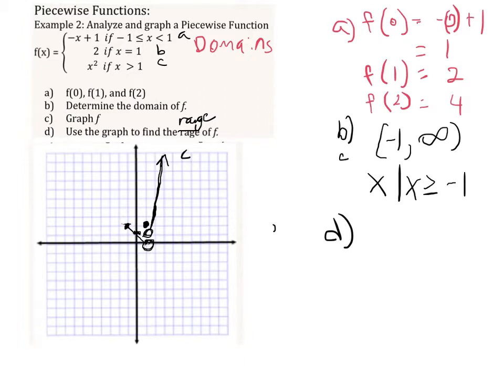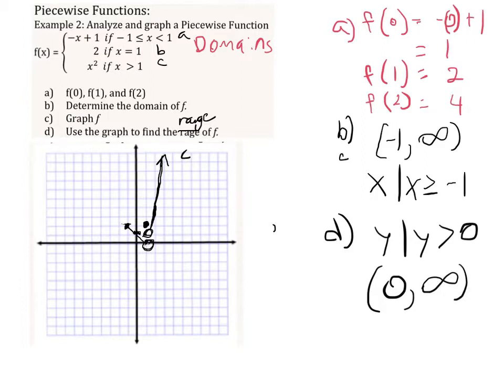So we're greater than 0, but not including 0. So you could say all y's, provided that y is greater than 0. Or you could say 0 to positive infinity, because there are no negative y values that come out of this thing. So there's nothing down here. Alright.